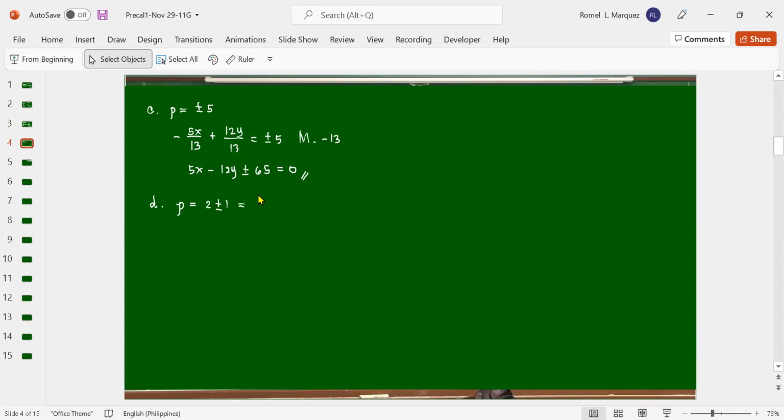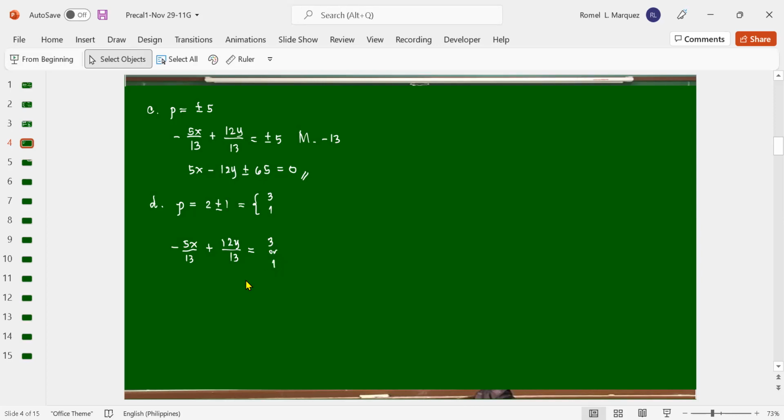So giving 3 or 1, no? Am I right? So negative 5x over 13 plus 12y over 13 equals 3 or 1.